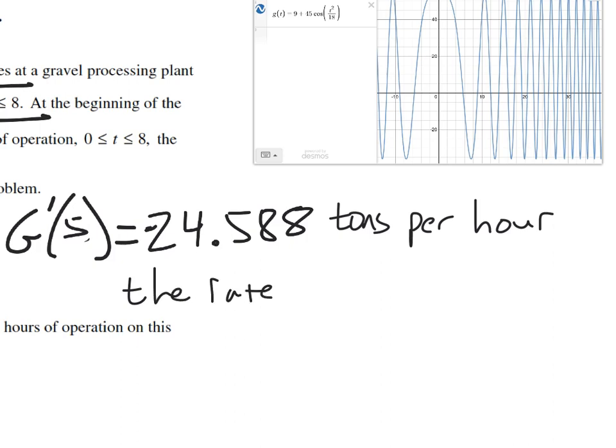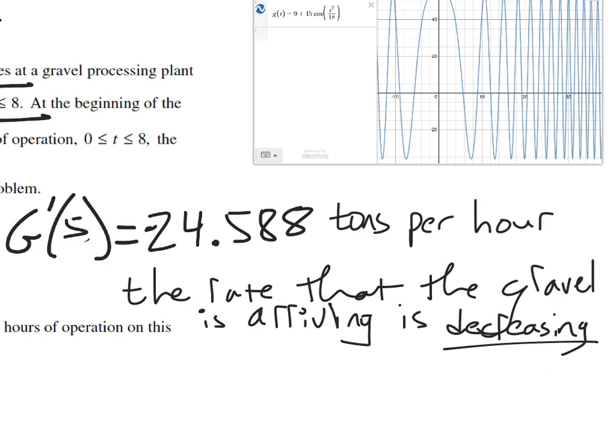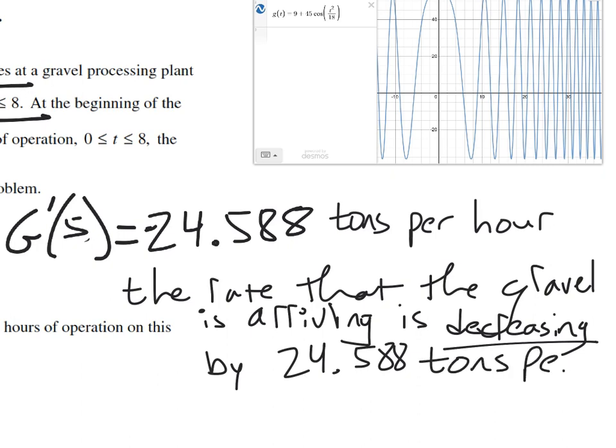The rate that the gravel is arriving is decreasing. And that's an important term, decreasing there by 24.588 tons per hour.